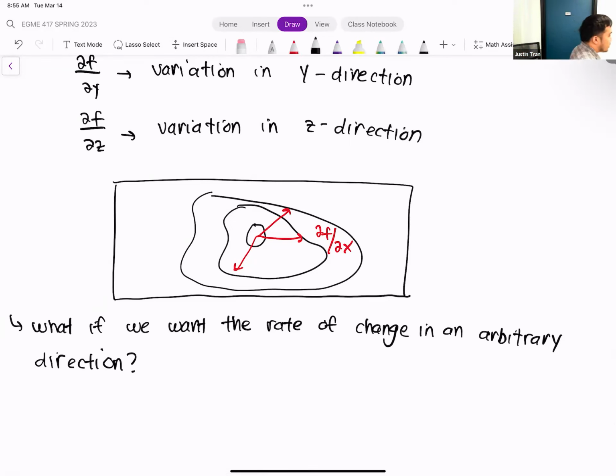Is that possible for us to do, from the gradient? Okay. Of course, it's possible. Otherwise, I would not bring it up.